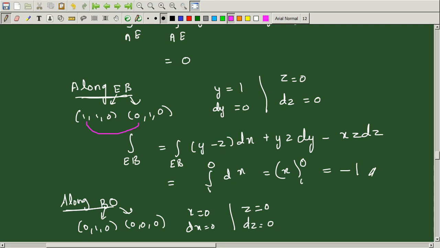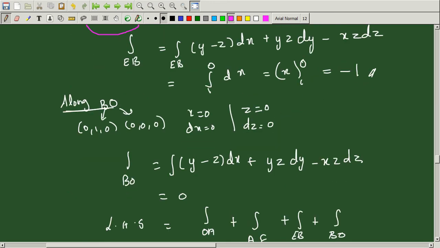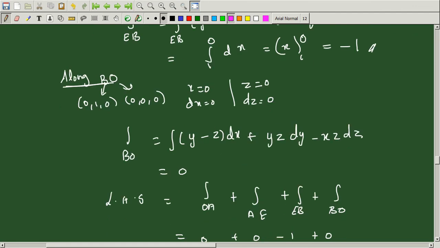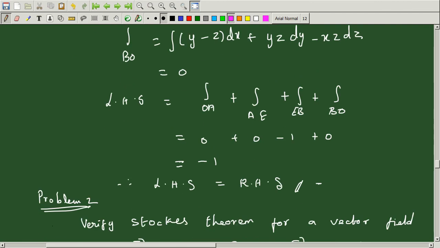We get only dx because the y value is 1 here, so 1 into dx gives dx. So we get minus 1. Similarly, we calculate the other one, BO. Finally, adding all the line integrals, we get negative 1.